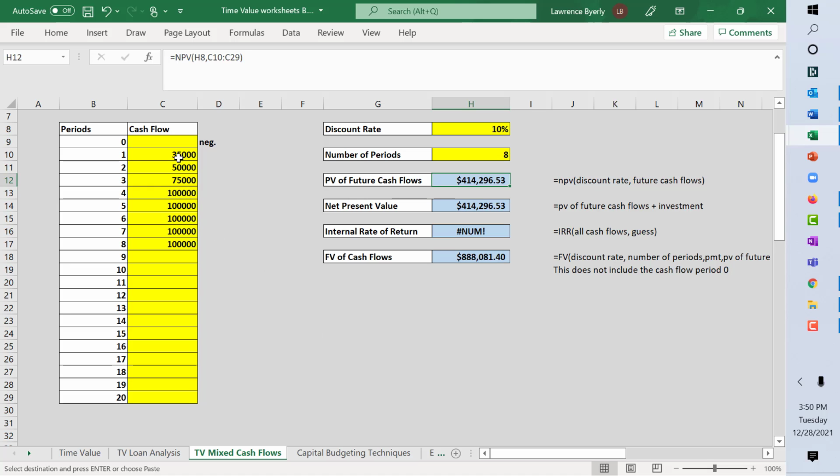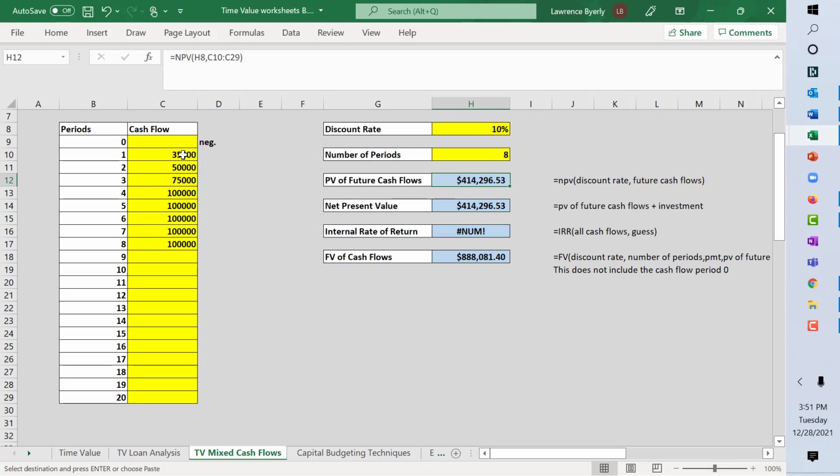If you take the present value of each one of these cash flows at this particular time period at 10%, add them all together, you get $414,296.